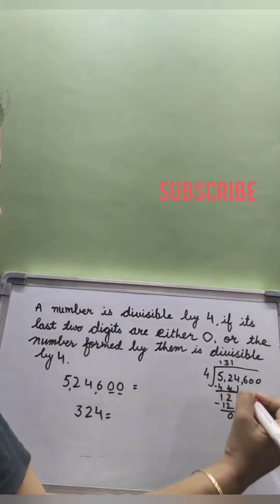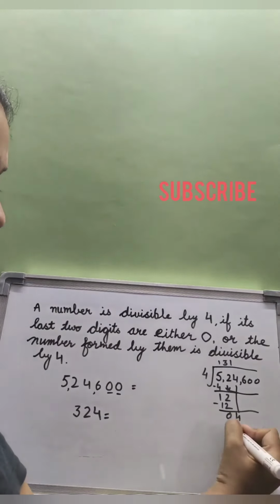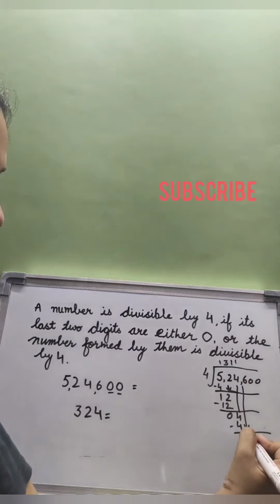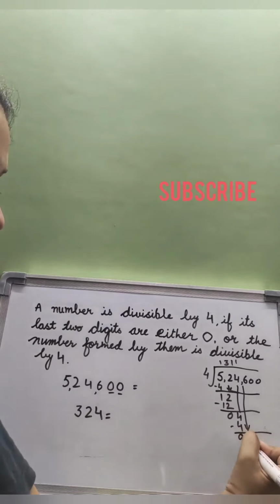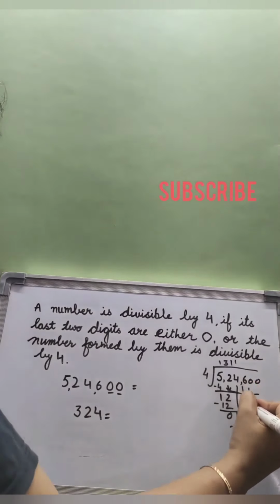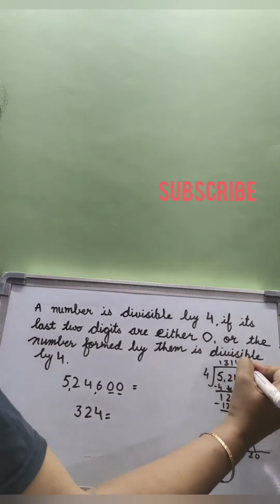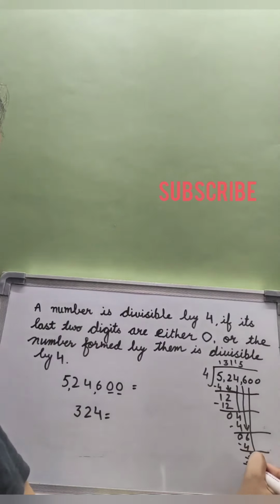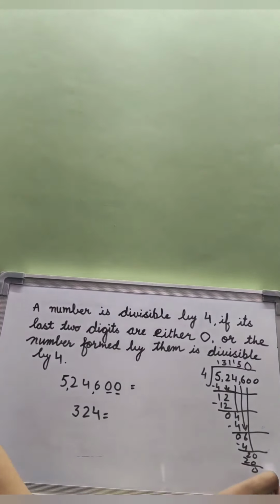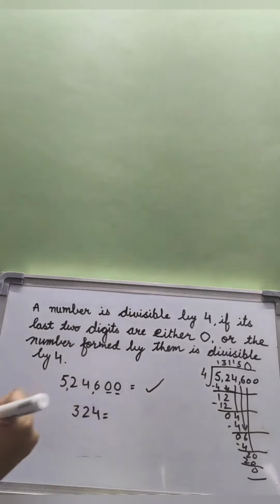Again 4 ones are 4. 4 ones are 4. 4 fives are 20 and this last 0. So that means it is divisible by 4.